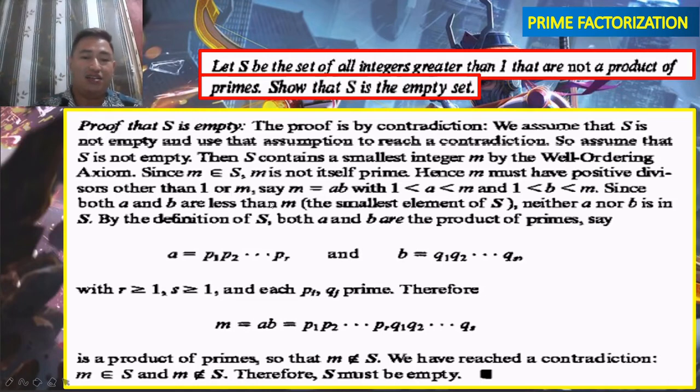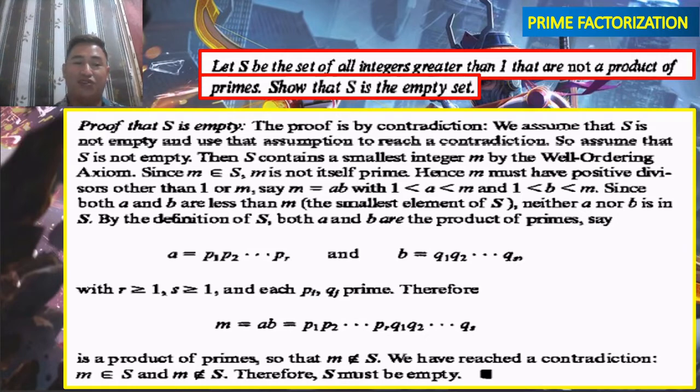Other than nila, so mini class, we say that M is equal to AB. Tama? No? With kaning ang A ug B class kay in between ni 1 ug ni M, and si B pod in between pod ni 1 ug ni M. In between ang duha nga A ug B kang M. No?